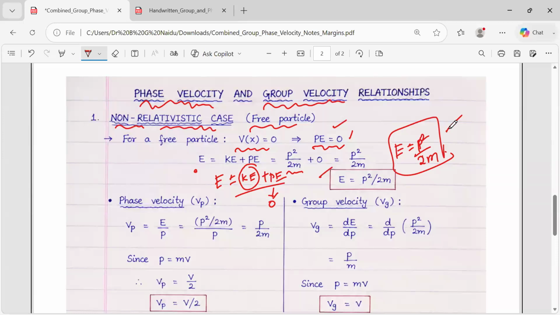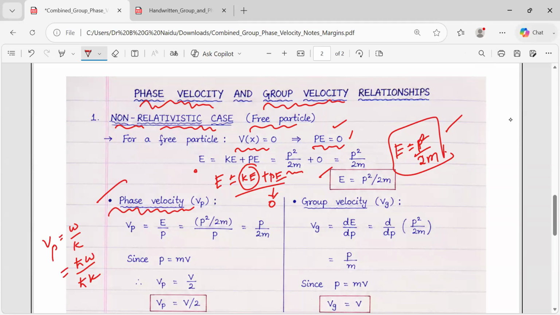So now coming to the phase velocity, we know that phase velocity Vp equals omega by k. This can be written as h cut omega over h cut k.